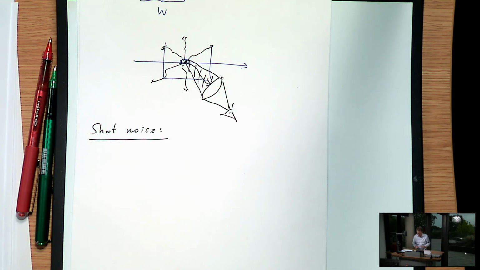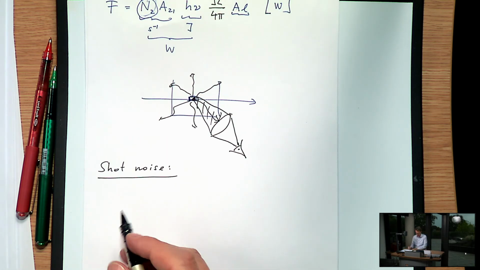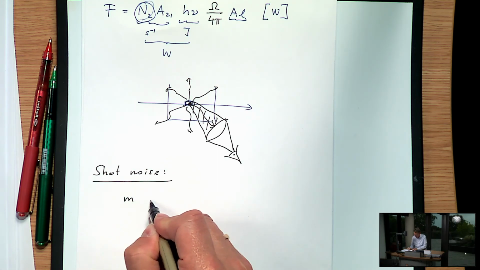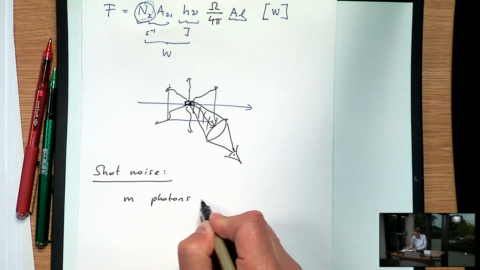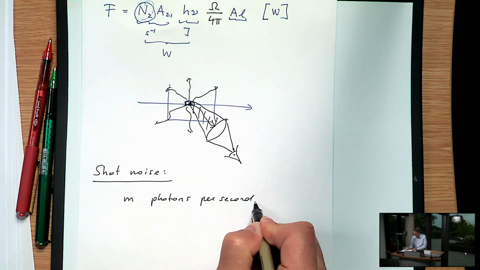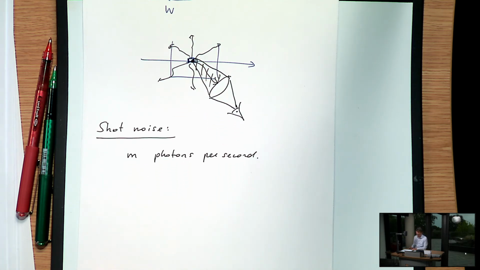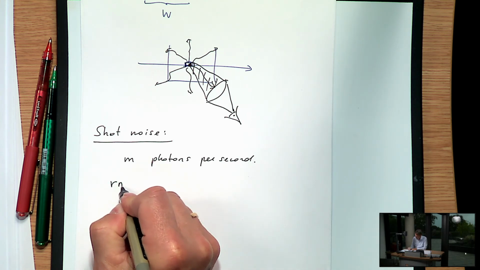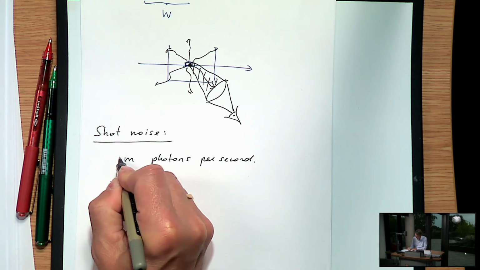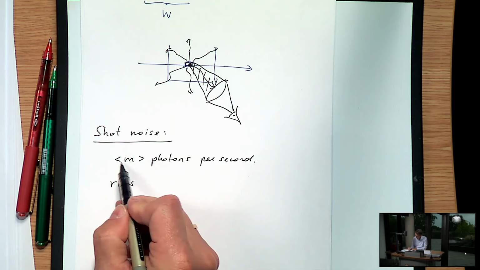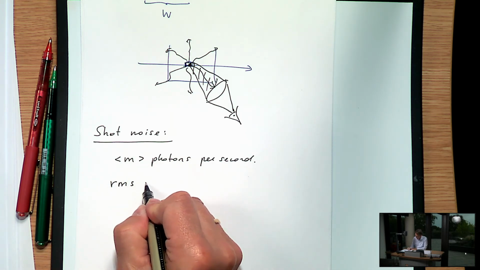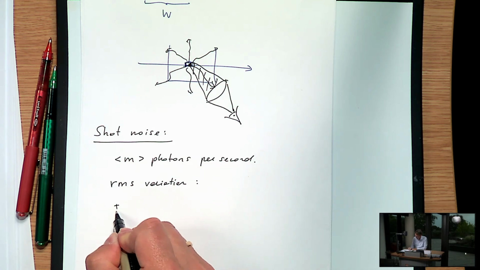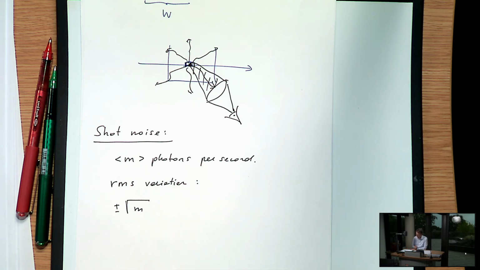And in fact, if you have a photon stream of m photons per second, then the RMS noise on that, the root mean square variation, so if the average number of photons emitted per second is m, the root mean square variation on this turns out to be plus or minus square root of m photons.